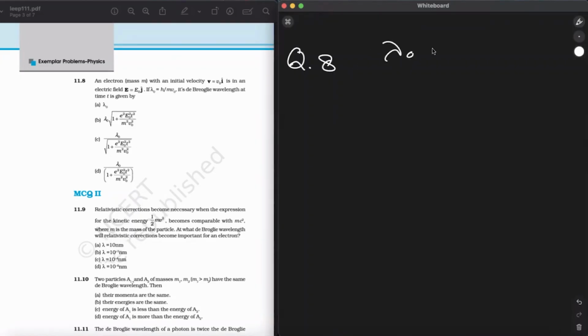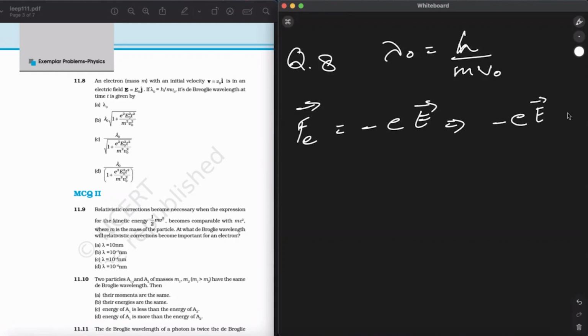Initially lambda initial was h upon m v naught. Now the force acting on the electron is a vector, minus e times E, but the direction of E is in j cap, so I'll write it like this.